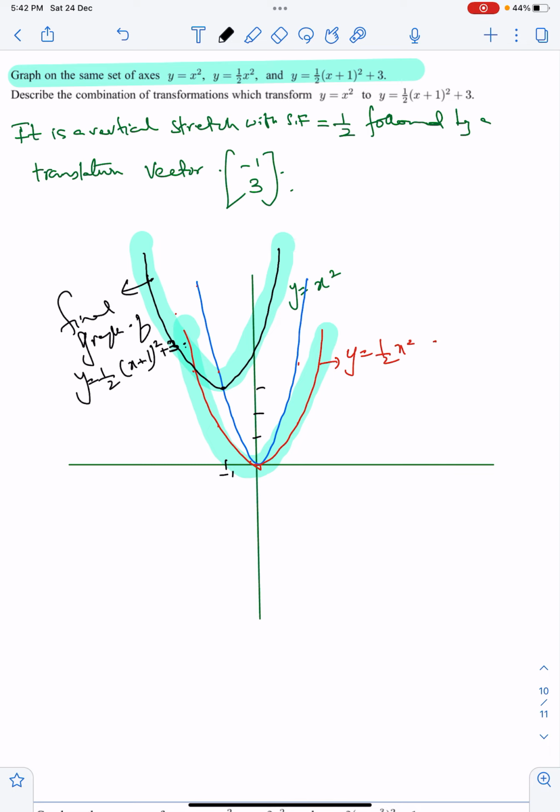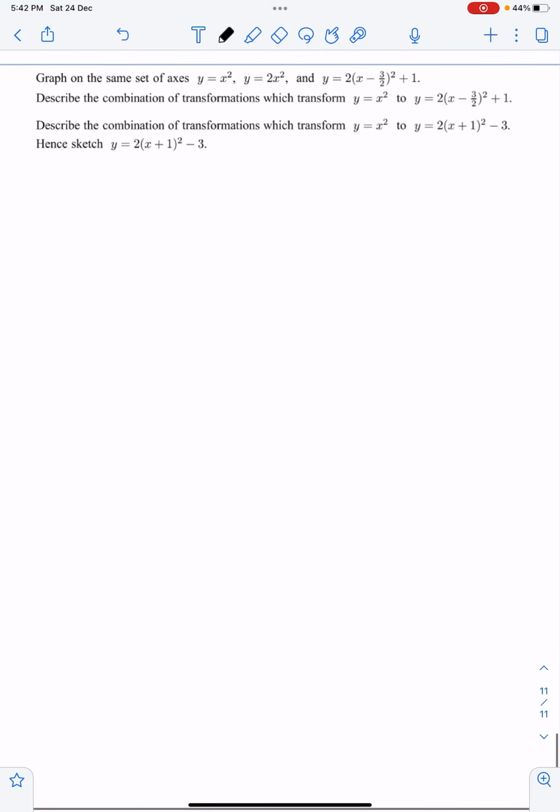Okay, moving on to the last question which you have here. In this case, I'm not going to draw the graph. I'm going to directly describe the combination of transformations which is taking place. y equals x square and then 2x square, that means a vertical stretch with stretch factor 2 and then a translation.